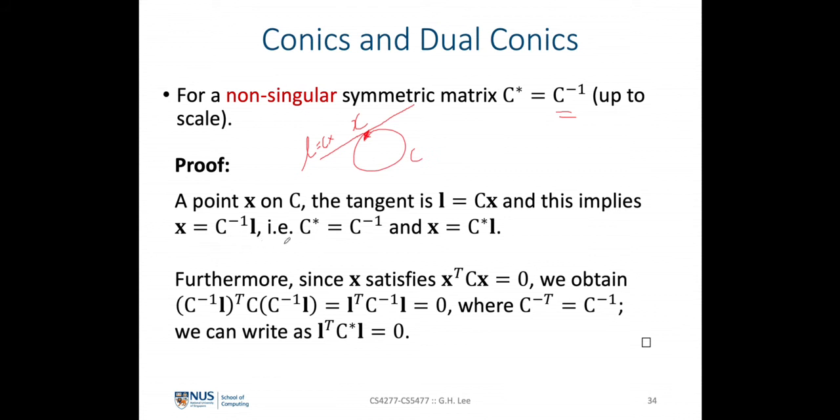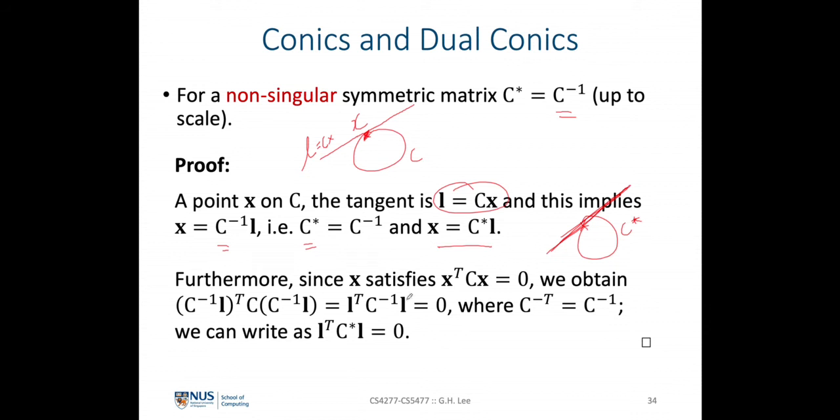This means that we can rewrite this C inverse with C star, which gives us this relation, which is the dual of l equals Cx, the tangent line. So in this case, we have C star, where we have a point defined by the line that is tangent to this conic. Hence this particular relation.